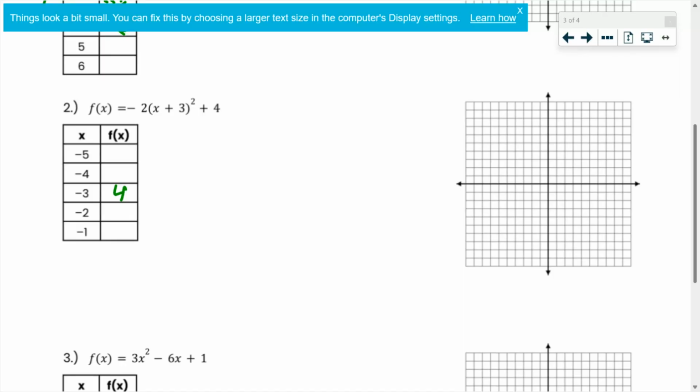It's x plus 3 in the parentheses with the x. How's it being translated? Left 3. Plus 4 at the end. How's that being translated? I don't need the y equals a times x minus h squared plus k to figure that out. If you know the translation rules, which work for everything, then if it's written in this form, left 3, up 4.